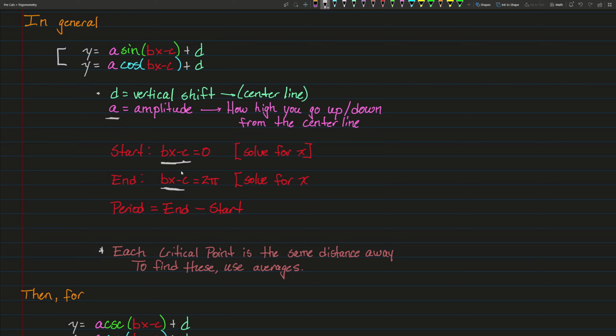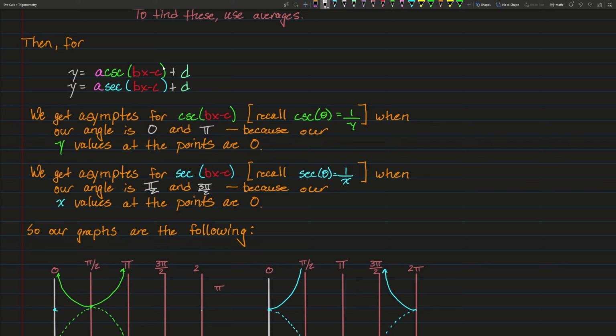So that's graphing sine and cosine. We still need to graph cosecant and secant though. So for a cosecant of bx minus c plus d and a secant of bx minus c plus d, we're going to graph them in this general idea.